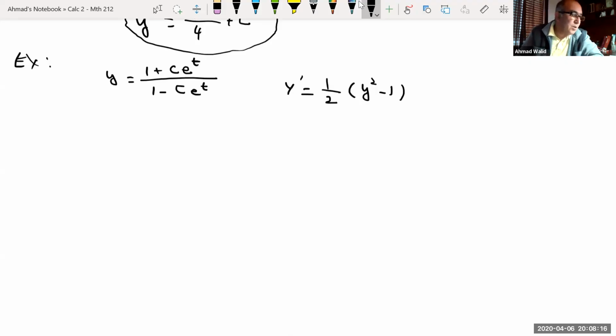Actually, they are telling you to show that this is one of the answers of this equation. It's a kind of proof. You want to prove that y equals 1 plus c e to the t over 1 minus c e to the t is a solution of y prime equals 1/2 (y squared minus 1).